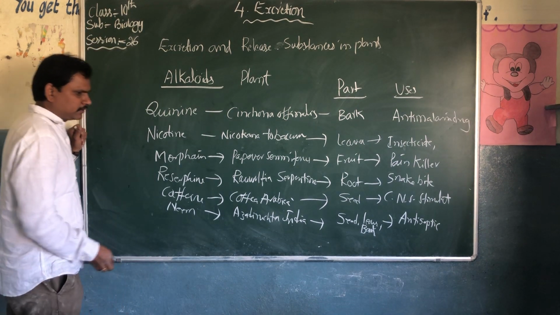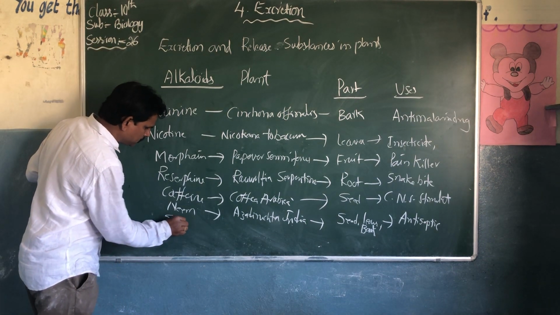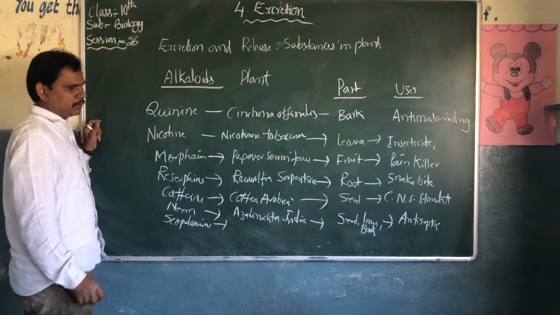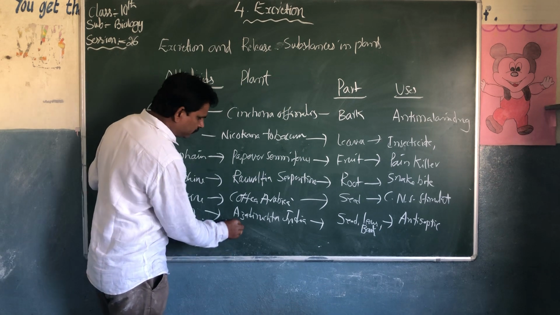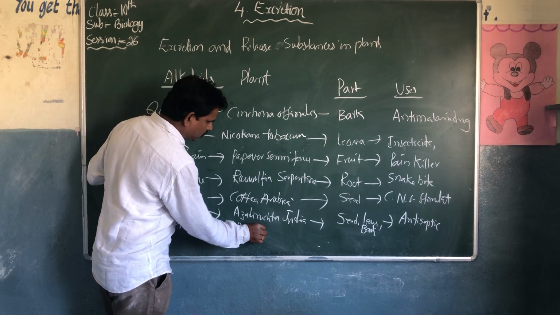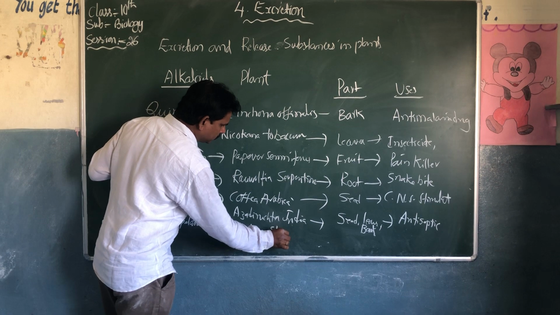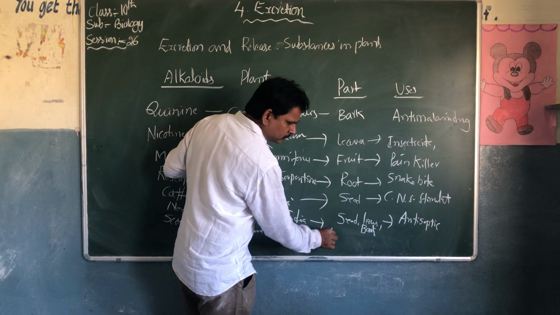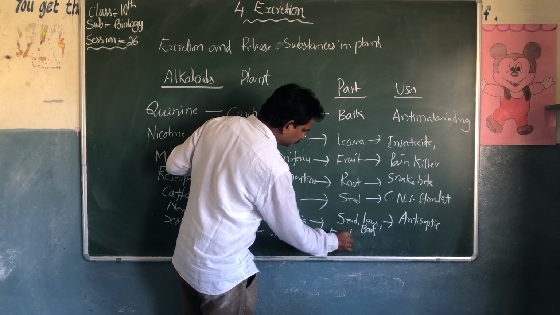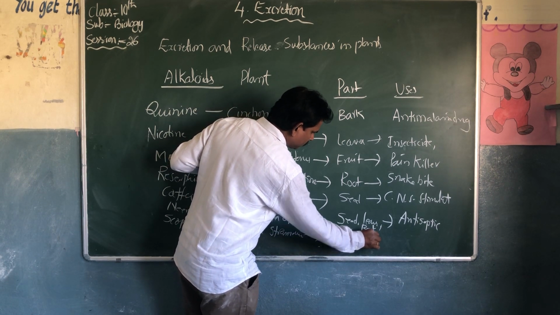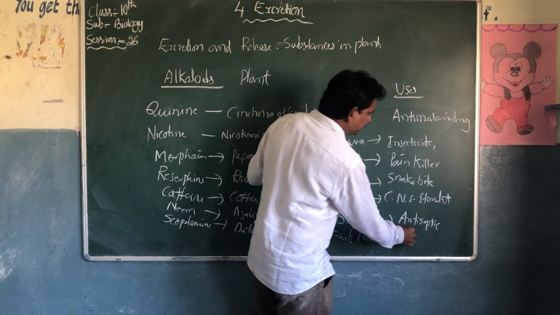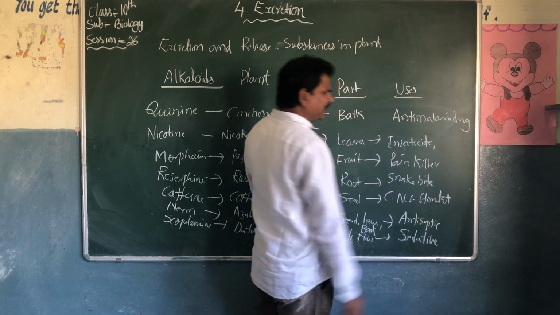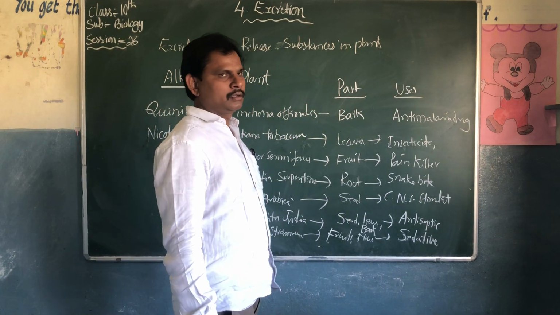Next one is scopolamine, from Datura stramonium. Parts: fruits and flowers. Use: sedative.